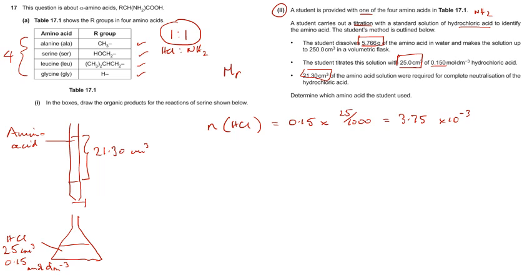So from that we can work out the moles of amino acid, right? Because we've checked that there's only one amino group in the amino acid, so it's going to react in a 1-to-1 ratio. So our moles of amino acid in each titration equals the same, 3.75 times 10 to the minus 3.